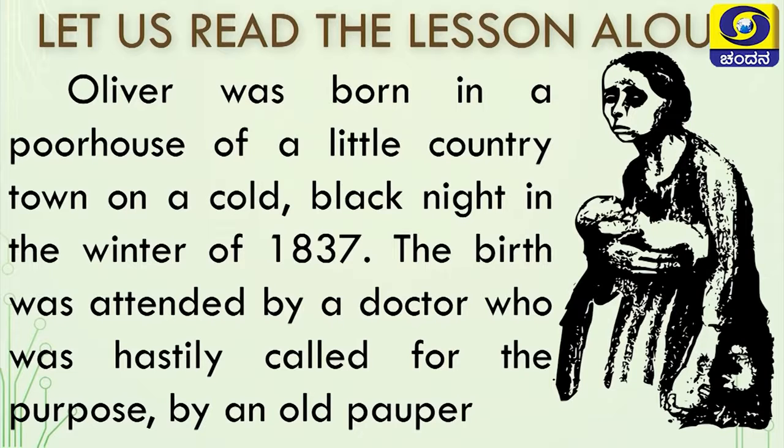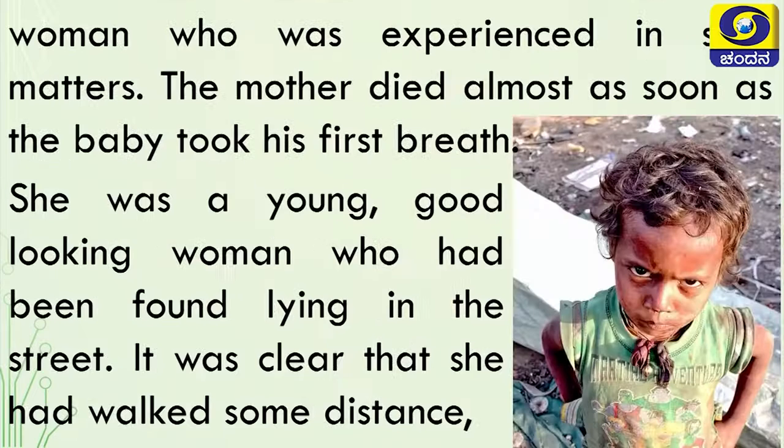Oliver was born in a poor house of a little country town on a cold black night in the winter of 1837. The birth was attended by a doctor who was hastily called for the purpose by an old pauper woman who was experienced in such matters. The mother died almost as soon as the baby took his first breath.